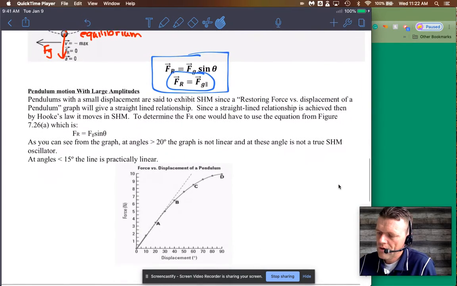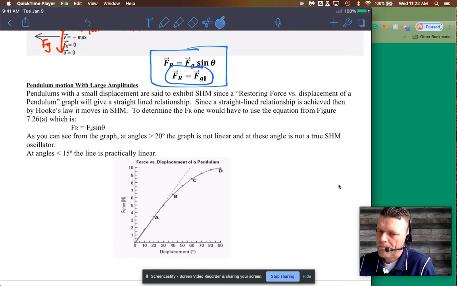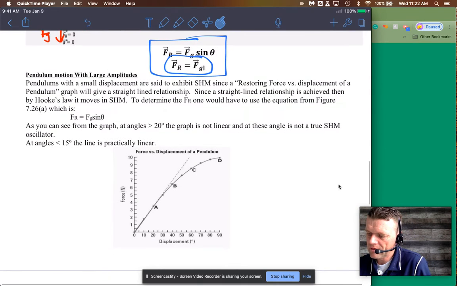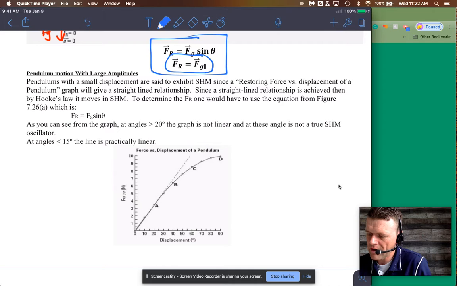If you displace any pendulum, by the way, any pendulum, past 20 degrees, then the restoring force is not linear. So it's really only good to about somewhere in the 15-degree range.